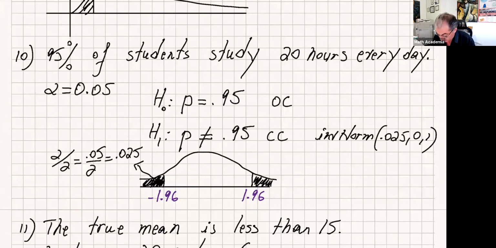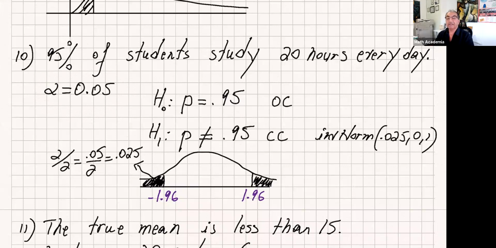One thing also I want to note, whenever alpha is given in a problem, that's the significance level, you know that you're dealing with a hypothesis testing problem. Whenever the confidence level is given, like 90%, 95%, you know that you're dealing with an estimation problem. So it's very important to know the difference.